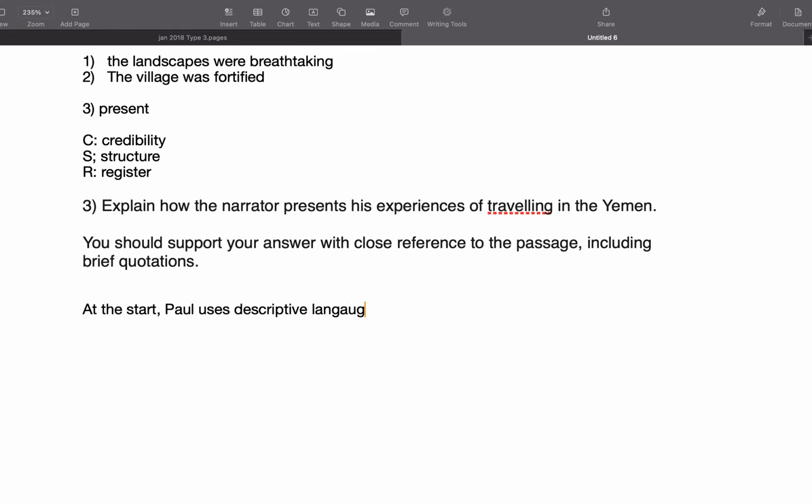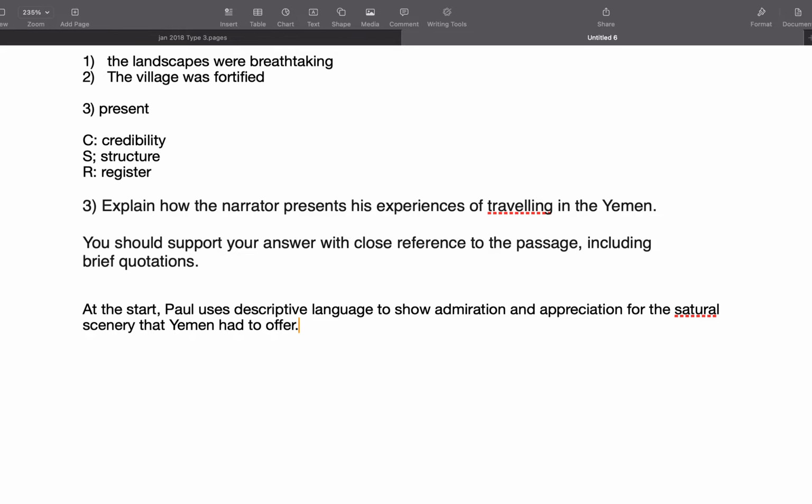Descriptive language to show admiration and awe, appreciation for the natural scenery that Yemen had to offer.